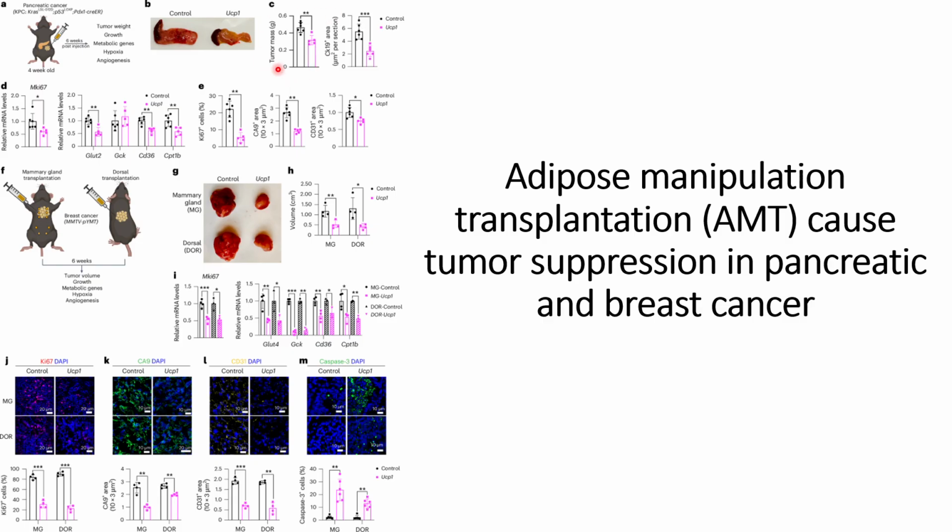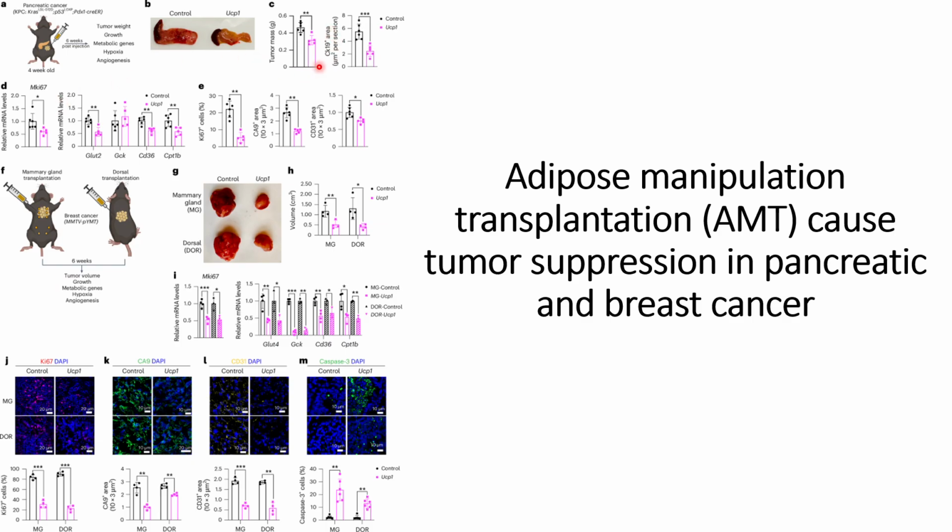In panel C, they checked the tumor mass, and the tumor mass is significantly lower in the case of adipose with the UCP1 gene upregulated, and the CK19 signals are also lower where the adipose is transduced with UCP1, or where the UCP1 gene is upregulated in the adipose.